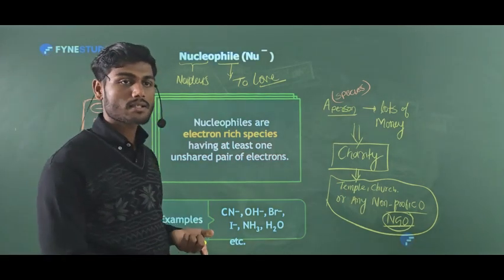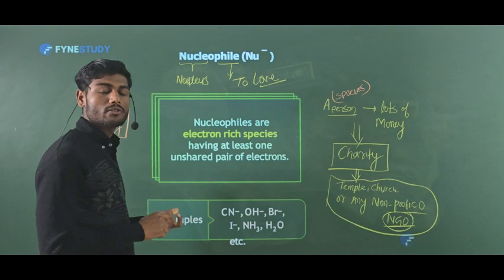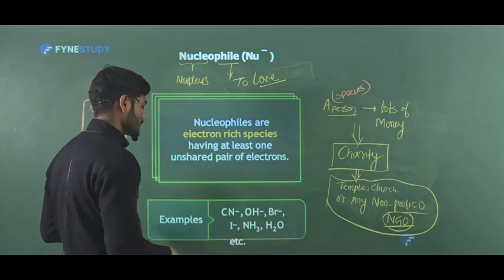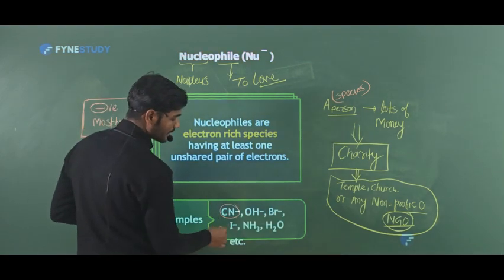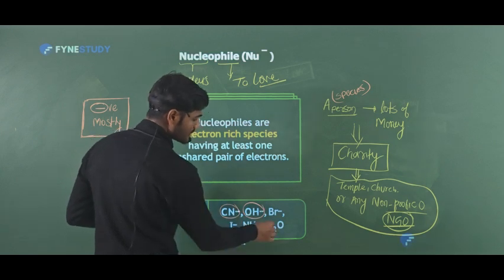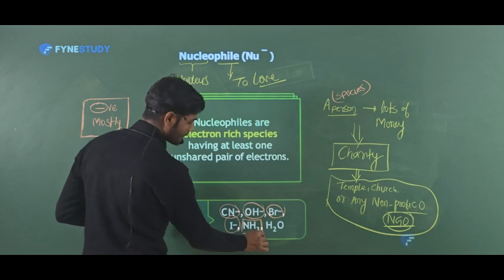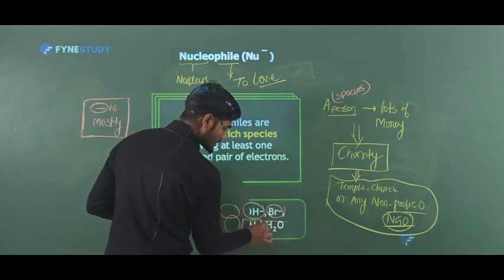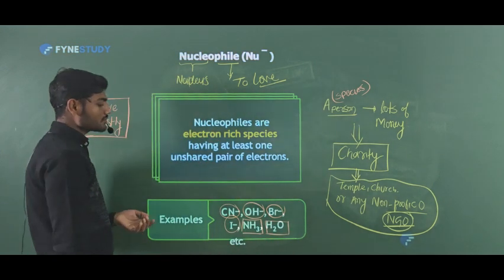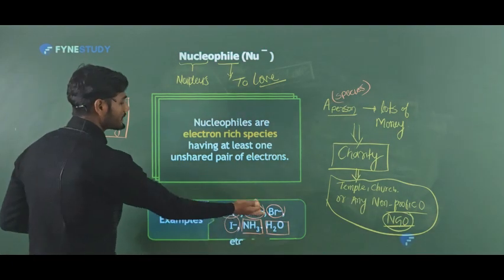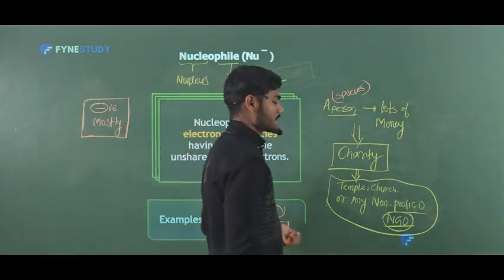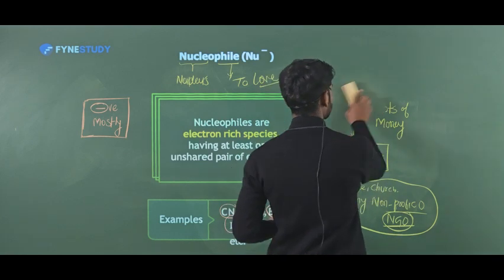See, this one is CN minus, OH minus, Br minus, I minus, NH3. NH3 is neutral, water is also neutral. So why are these giving electrons? Let's understand.